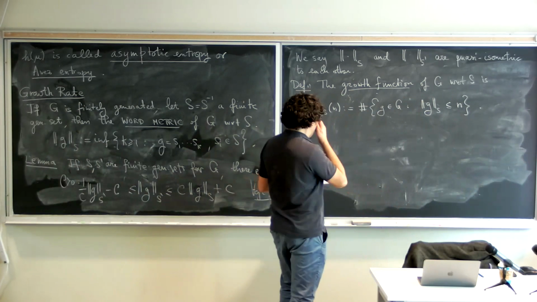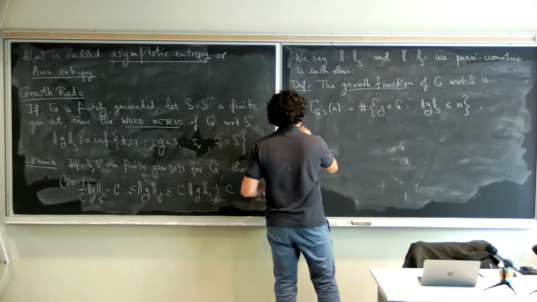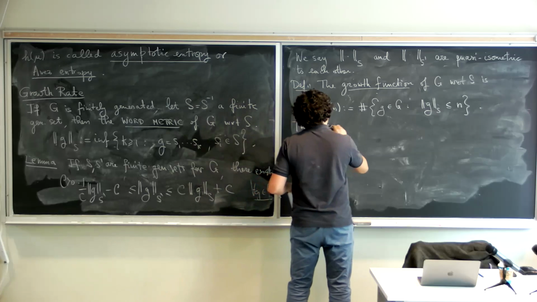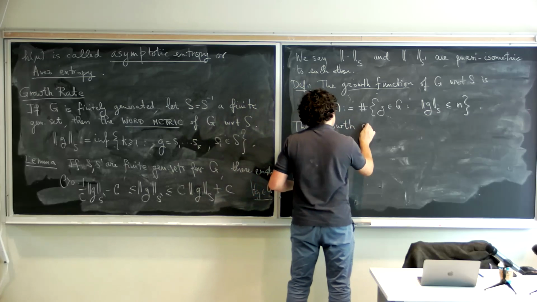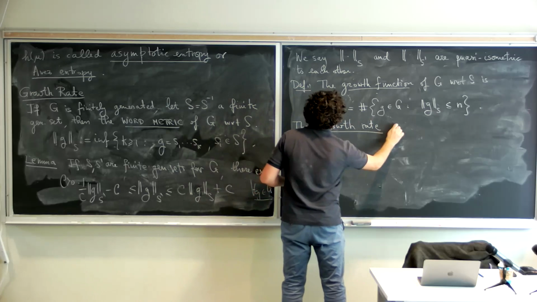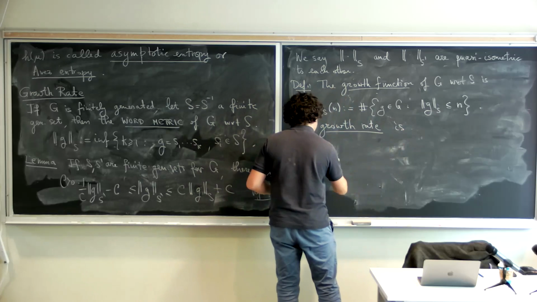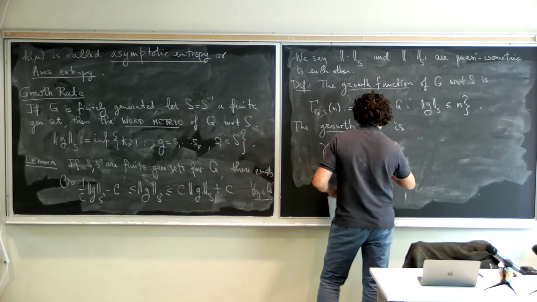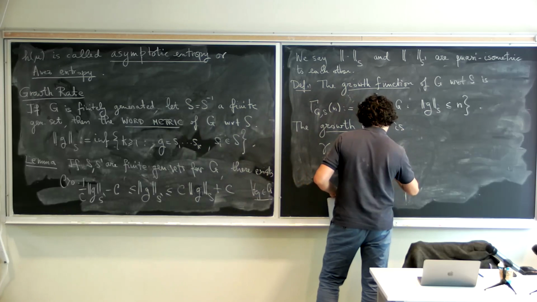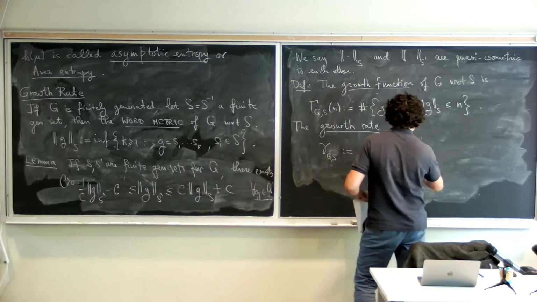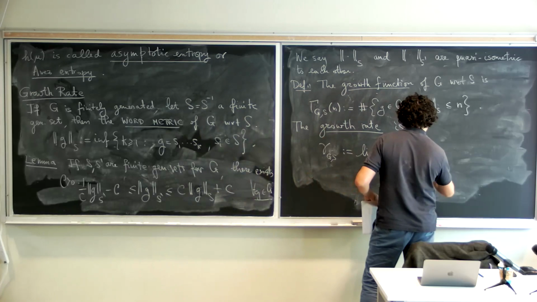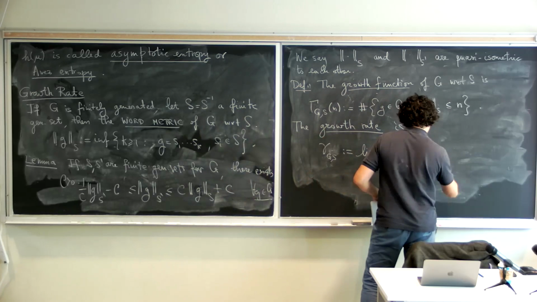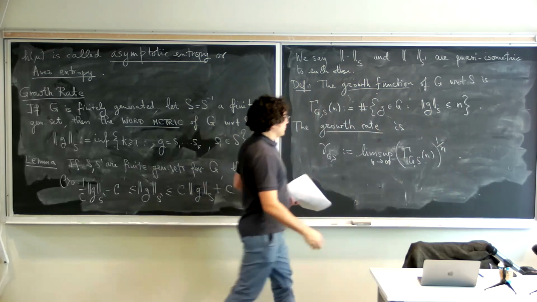And then the growth rate is small gamma_{G,S}, the lim sup, or actually I think you can take the limit, of gamma_{G,S}(n) to the 1 over n.